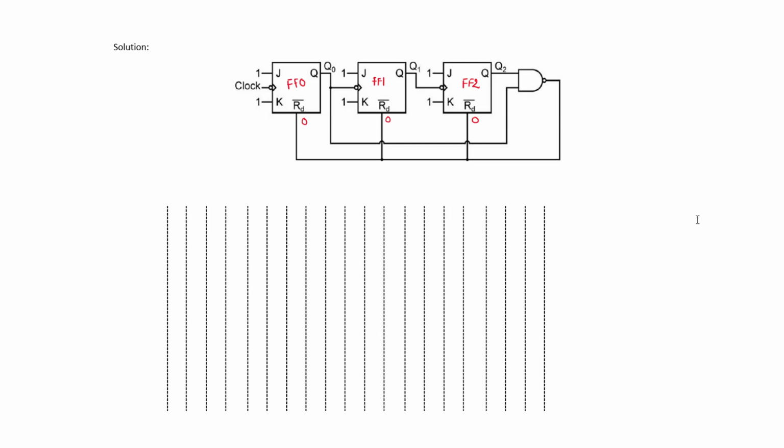Suppose I assume a clock signal like this, applied to the above circuit. Flip-flop 0, Q0, will toggle at every negative clock transition. Initially, I will assume all the outputs are at logic 0. At the negative clock edge, the output Q0 will be toggled.